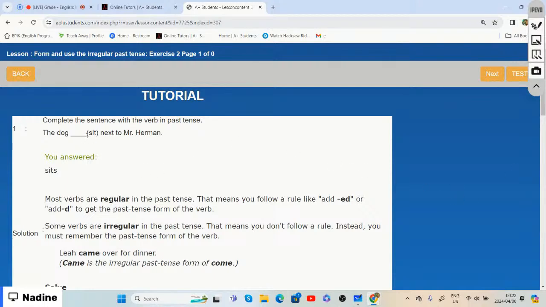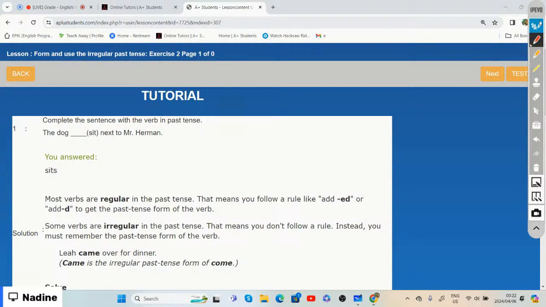The dog sit next to Mr. Herman. In the past, the dog sat next to Mr. Herman.